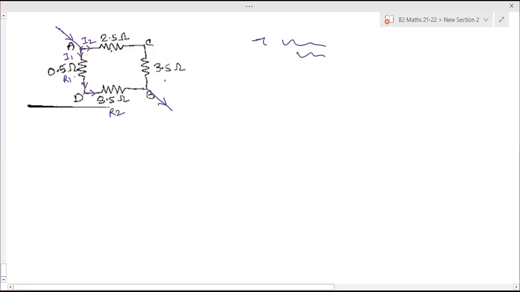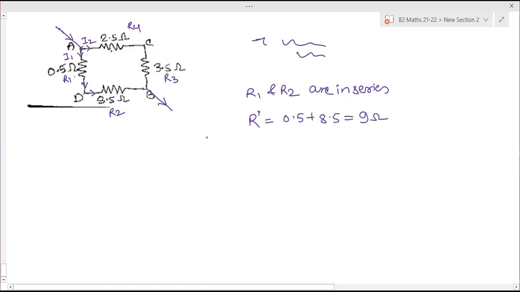R1 and R2 are in series, so total resistance R dash is equal to 0.5 plus 8.5, which is 9 ohm.